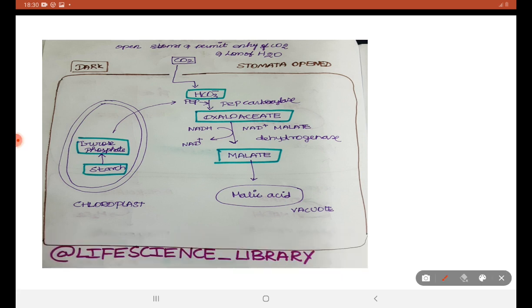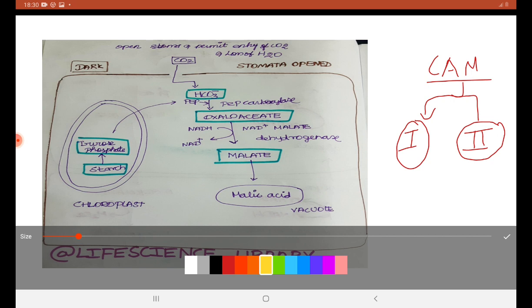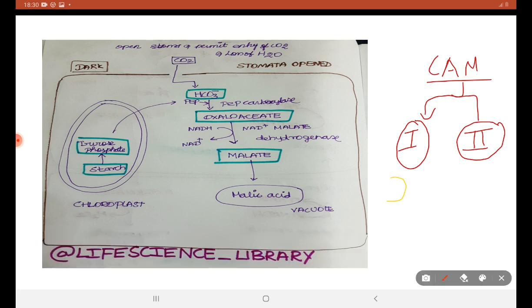We are going to see this CAM pathway under two cases. Case 1, when stomata is open, and case 2, when stomata is closed. The unique thing about this is that stomata is open during dark and stomata remain closed during day.